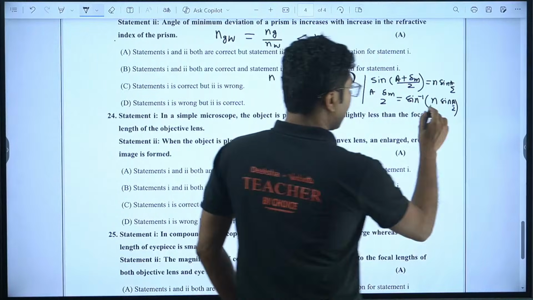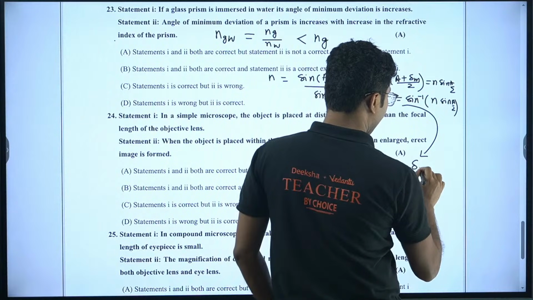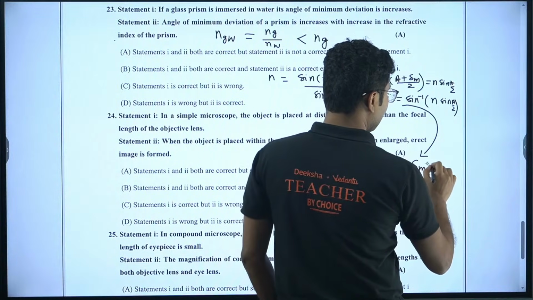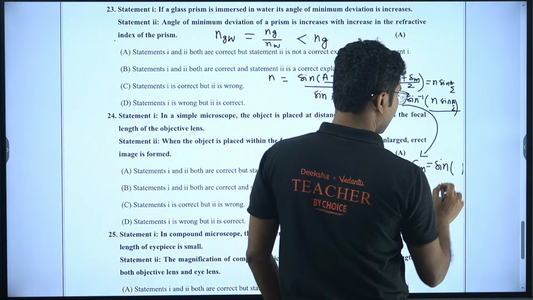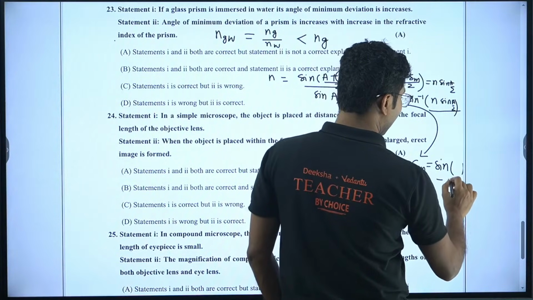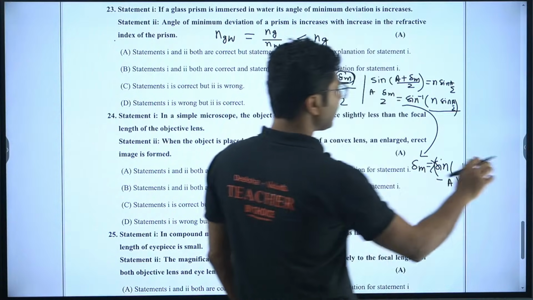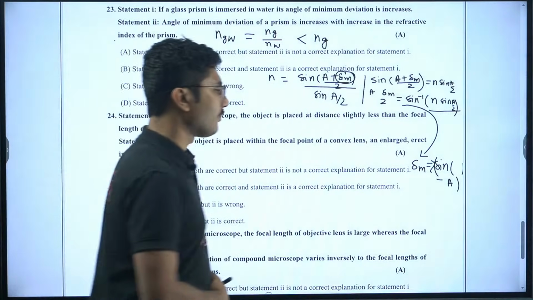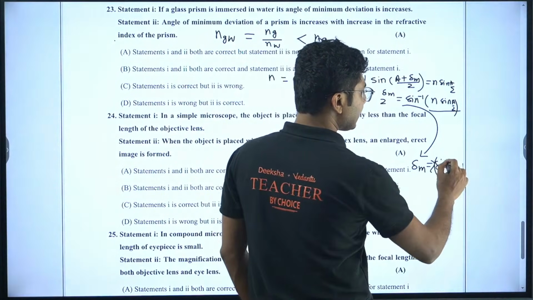So we can write it from here that delta m is sine inverse of this term, minus A, and then we can multiply with 2. So this is the part of delta m. Delta m is related to this n, right?